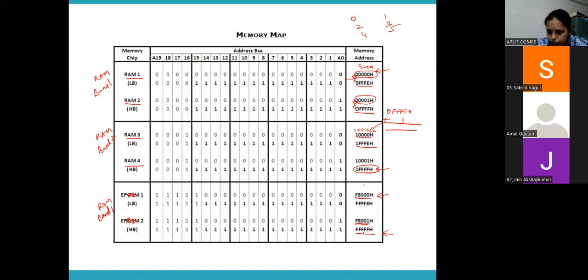And if FFFFFH is the ending address in your higher bank, what will be the ending address in your lower bank? It will be FFFFEH, right? Right or wrong? So now what is written here? This is nothing but the expansion of this address.